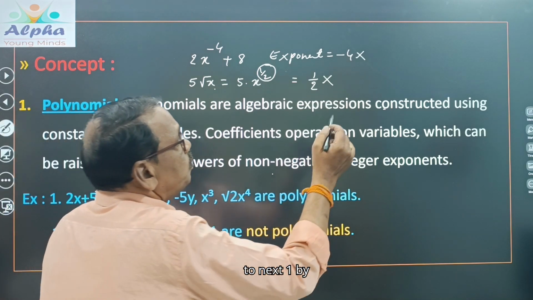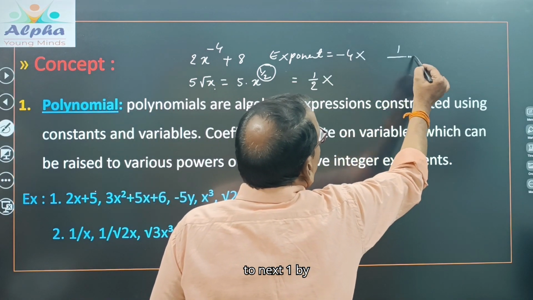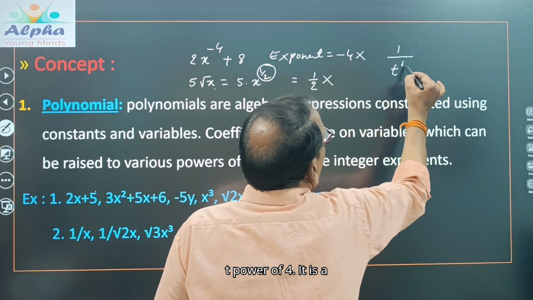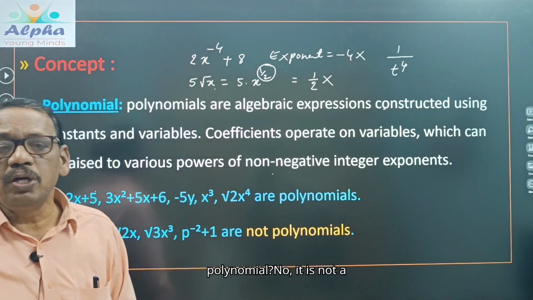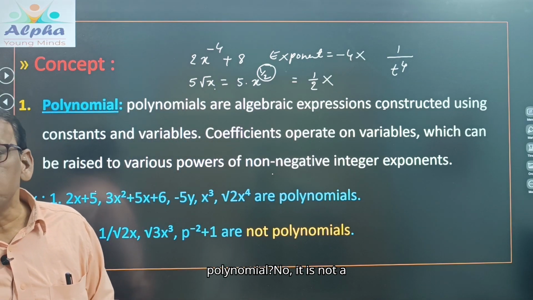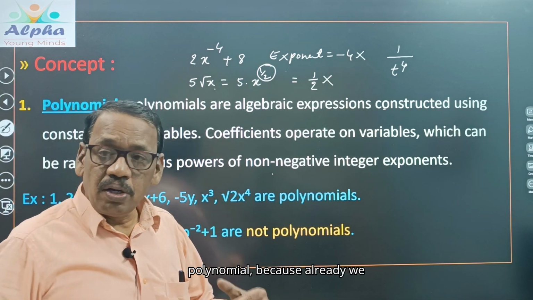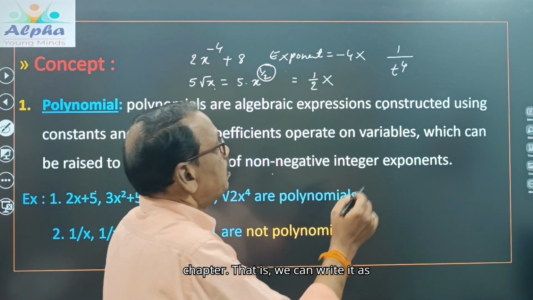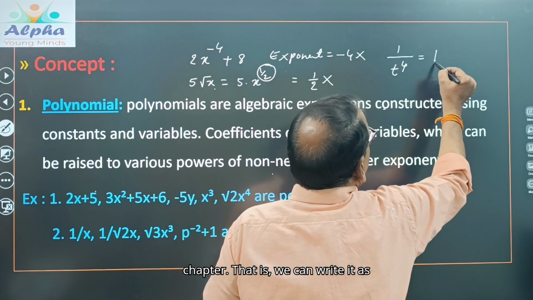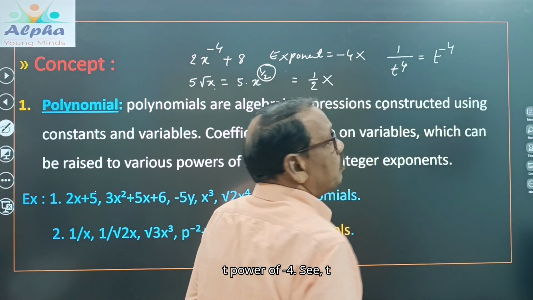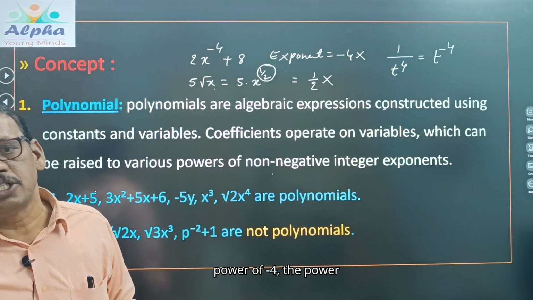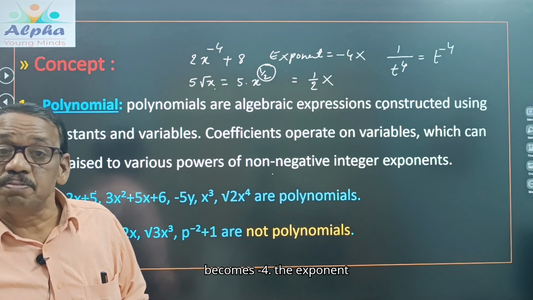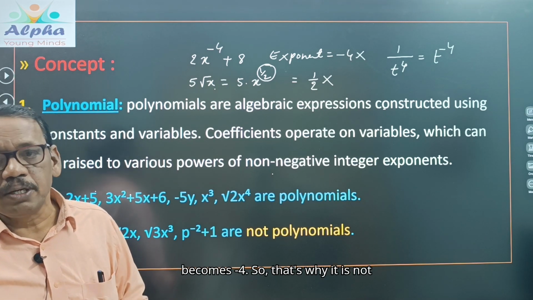Then come to the next, 1 by t power of 4. Is it a polynomial? No, it is not a polynomial, because we already studied laws of exponents in the first chapter. We can write it as t power of minus 4. The exponent becomes minus 4.